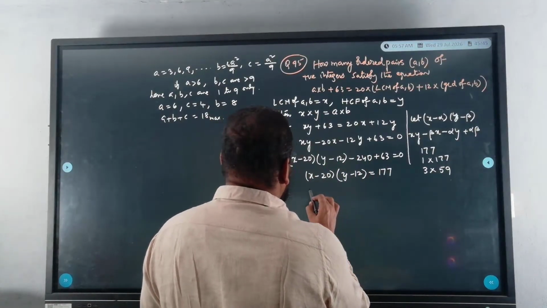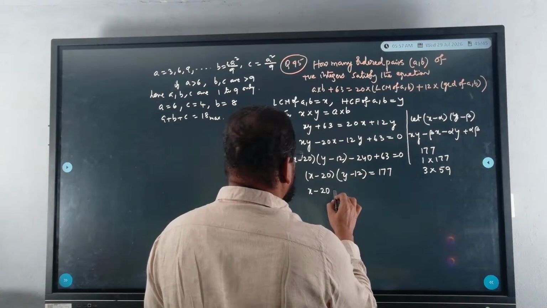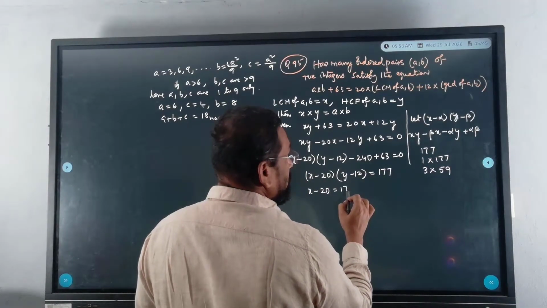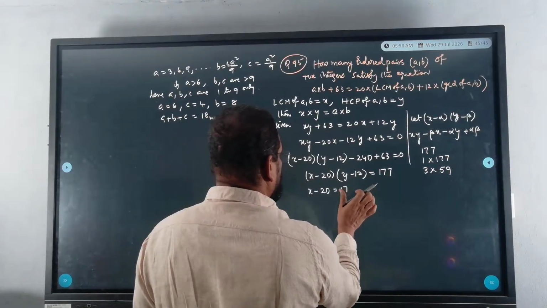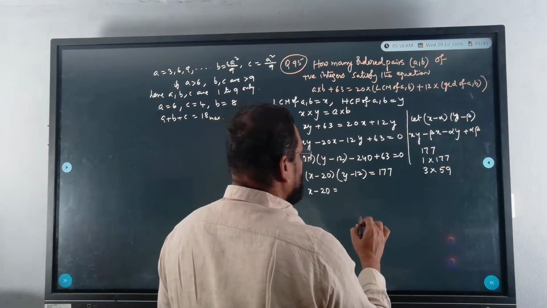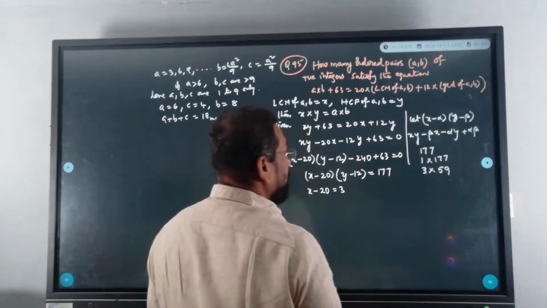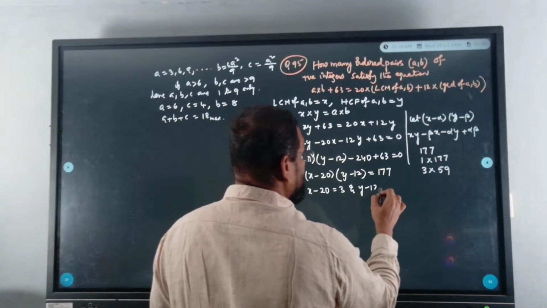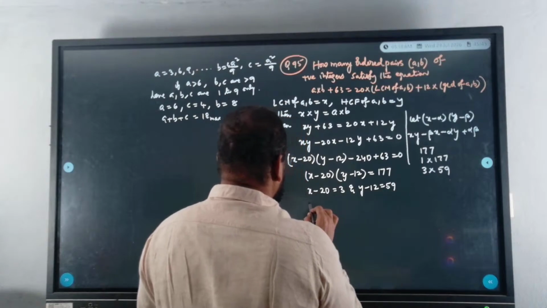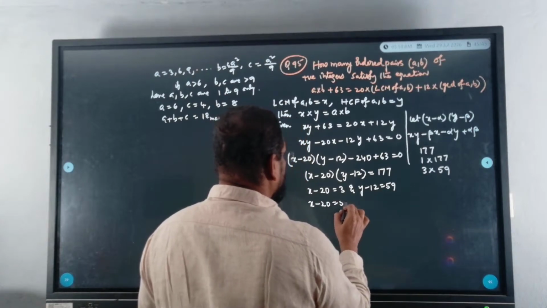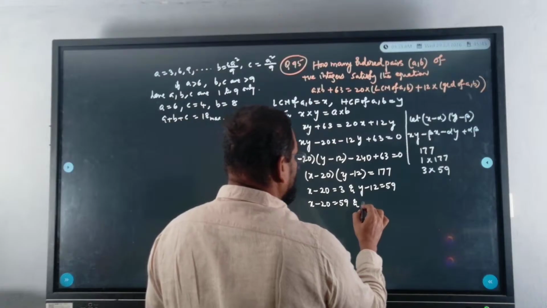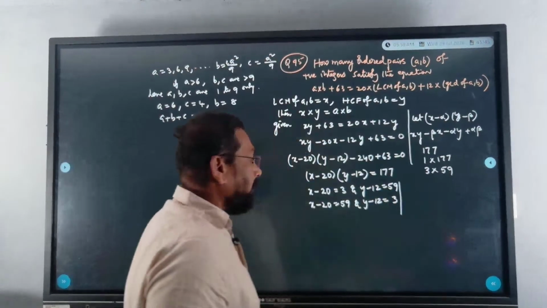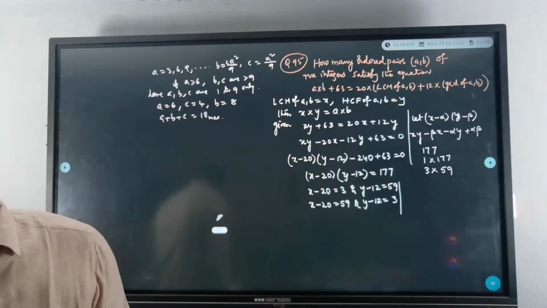So x minus 20 is equal to 3, and y minus 12 is equal to 59, and x minus 20 is equal to 59, and y minus 12 is equal to 3. It is one possible pair of xy values.